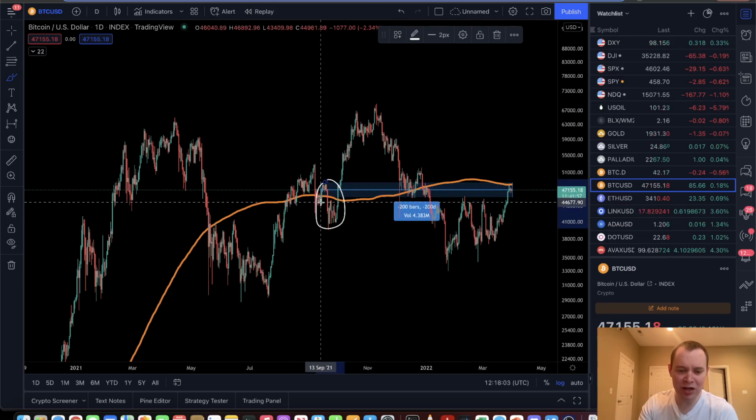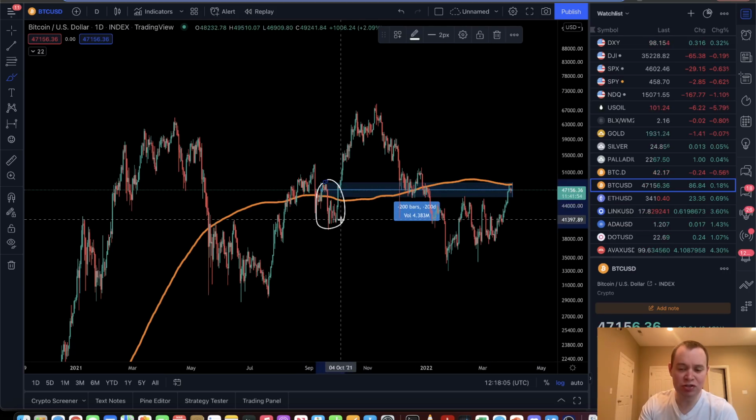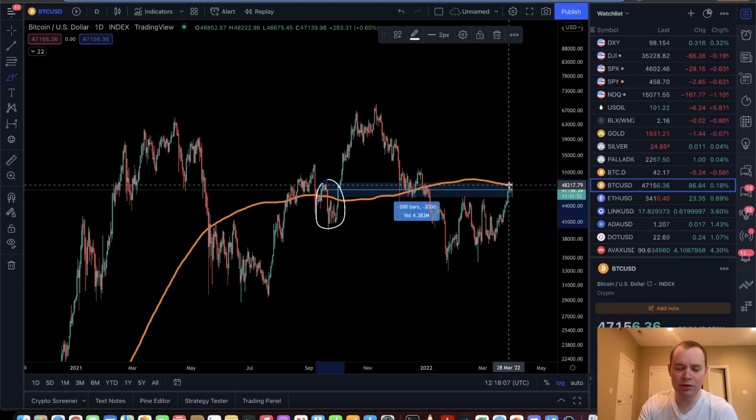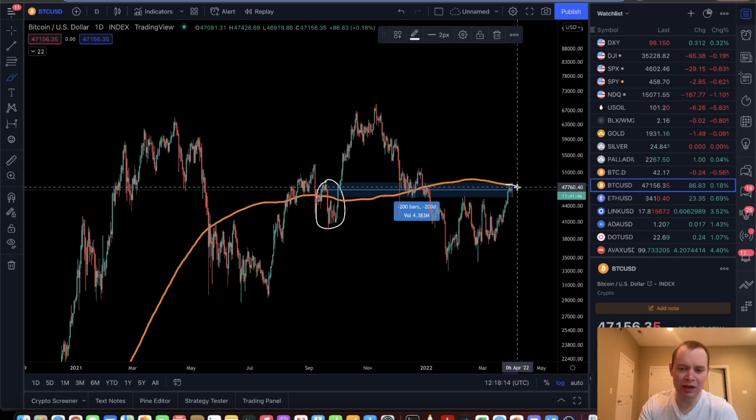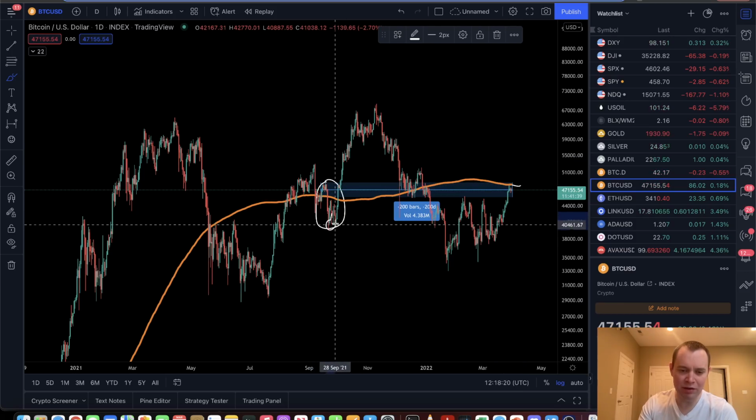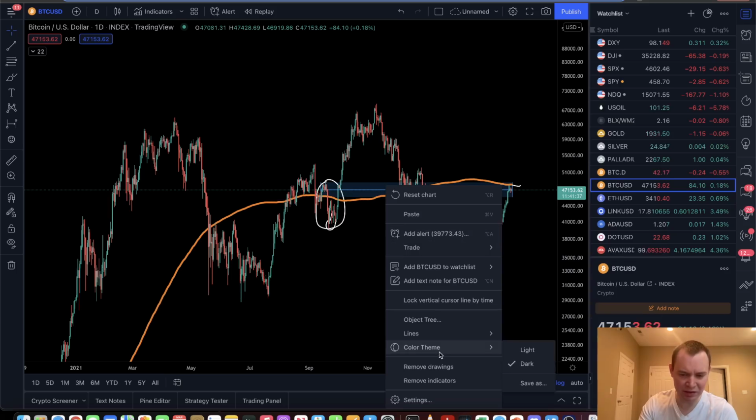So let's imagine that over the course of the next, say, 2 weeks or so, the 200-day moving average might slightly, you can see it sort of just stalled out here, but it might actually start to increase a little bit eventually if we continue to move higher than the prices from down here. Okay, so hopefully that makes sense.